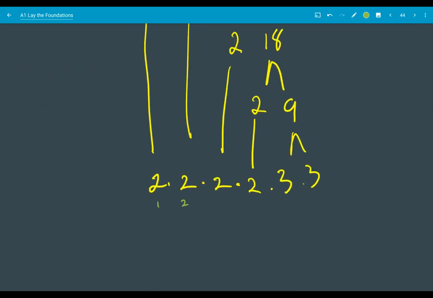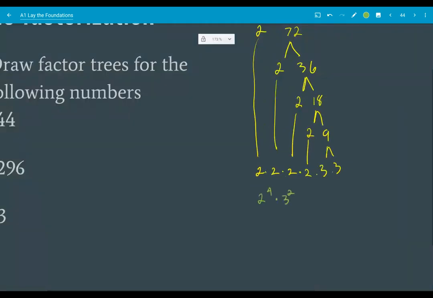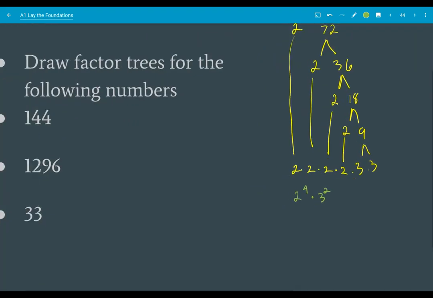We have 1, 2, 3, 4 2's. So we can write that as 2 to the 4th. And we have 2 3's. So we can write that as 3 squared. So 2 to the 4th, 3 squared is the prime factorization of 144.